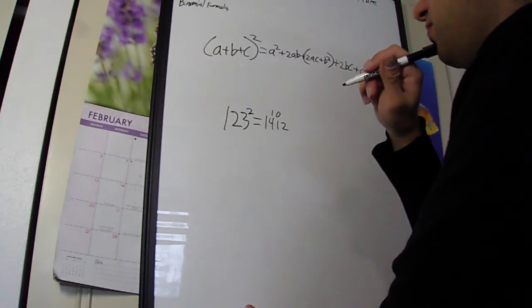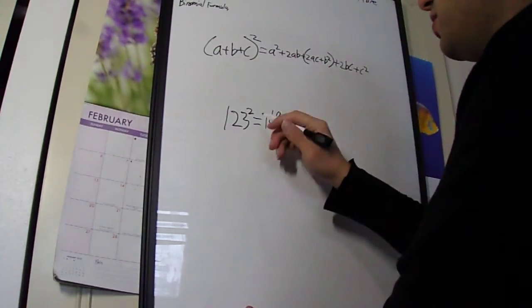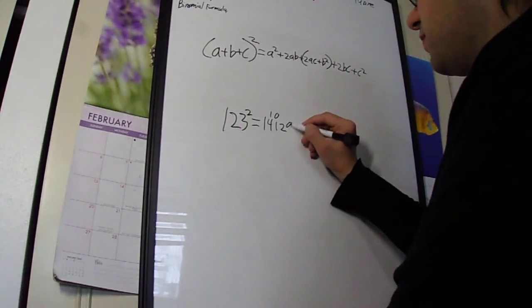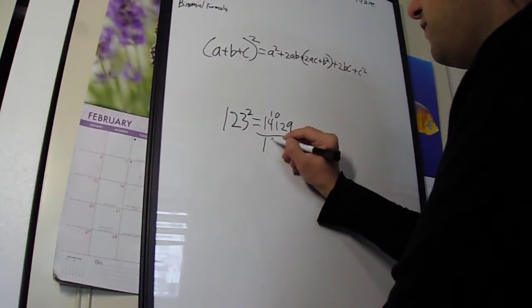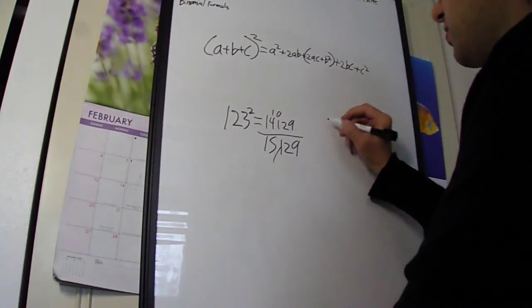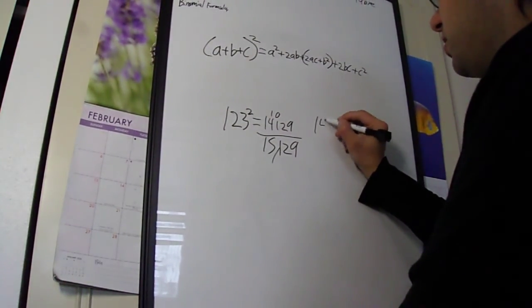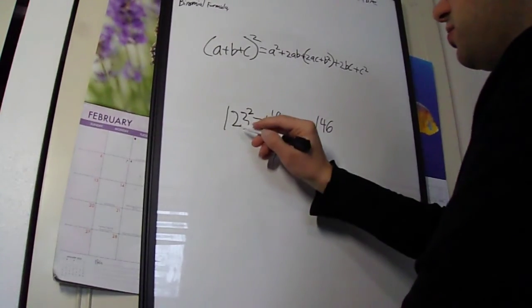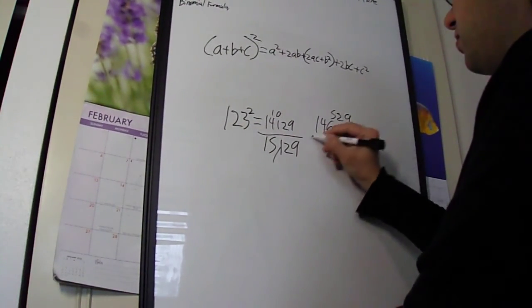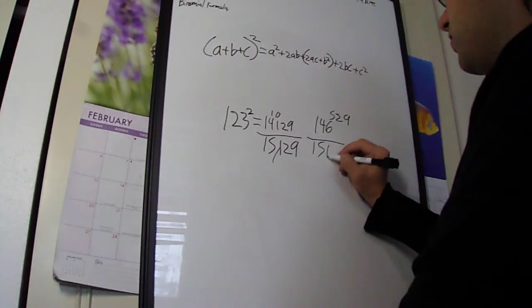Yes I did. No, I didn't. Alright. Sometimes I get confused with myself. Anyway, so 15,129. And I have to remember that that is correct. I can check my answer by doubling that, 529, and squaring it. Alright, 15,129.